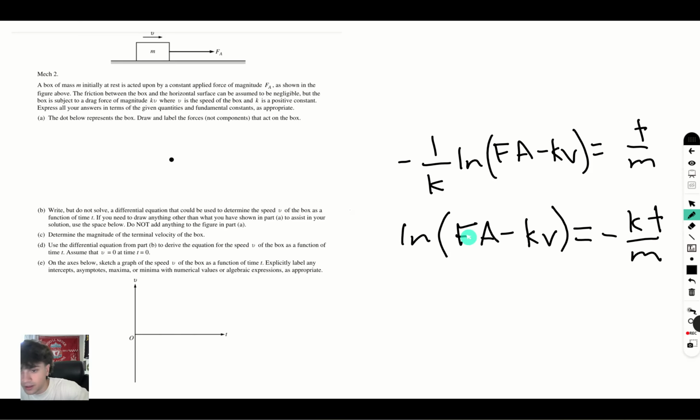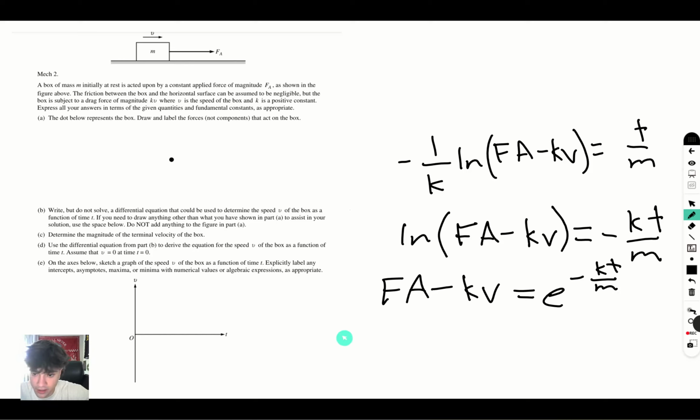So we have negative kt. Oh, sorry, let me rewrite that. I'm missing a couple things. ln(Fa minus kv) is equal to negative kt over m, and we're going to put both of these to the power of e. We'll get Fa minus kv is equal to e to the power of negative kt over m, and from here subtract Fa from both sides. Negative kv is equal to e to the negative kt over m minus Fa.